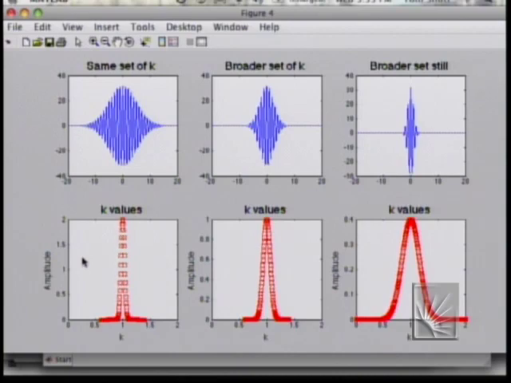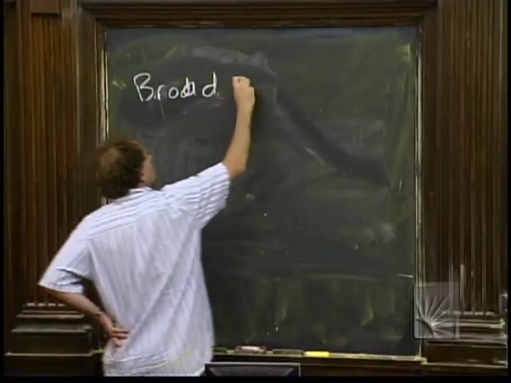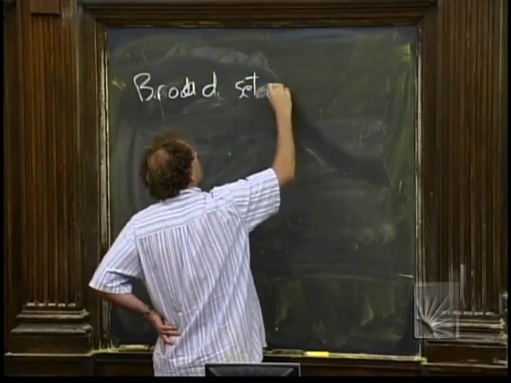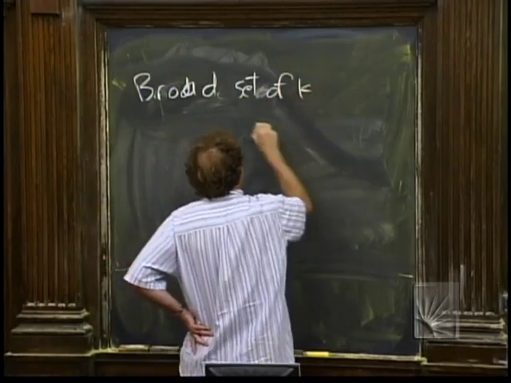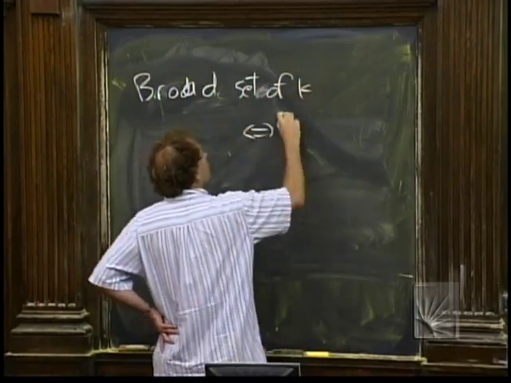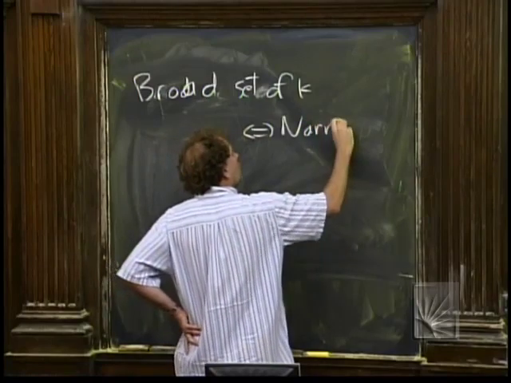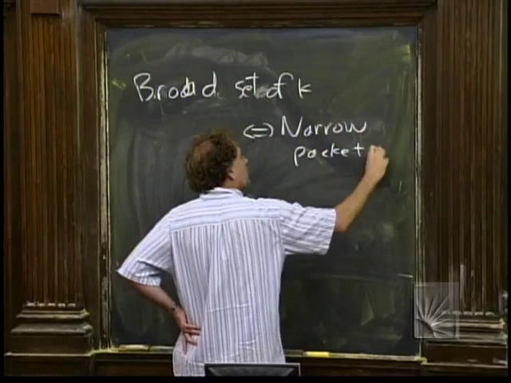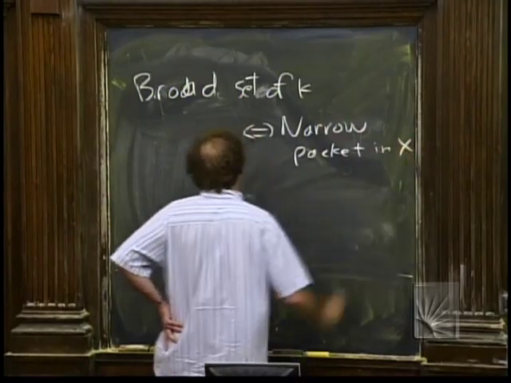I'm seeing a relationship here. This is my second big conclusion. If I have a broad set of k, that's synonymous with a narrow packet, I call it a packet, in x.